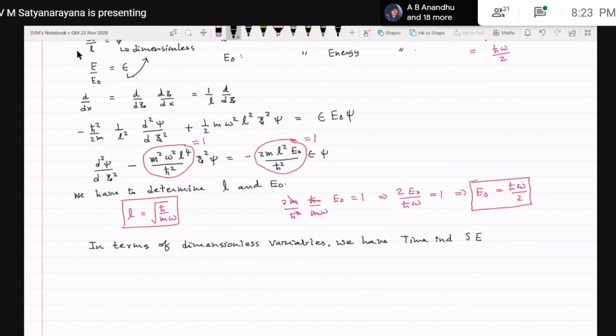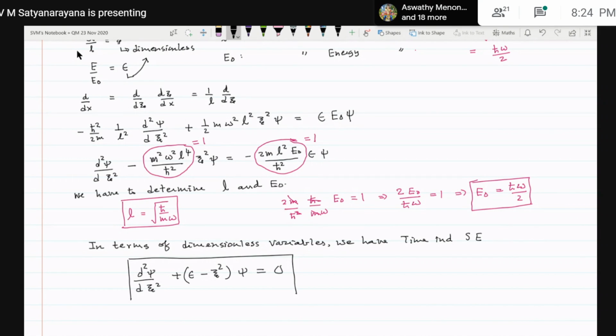I can take this epsilon into psi to the left hand side and write this as d square psi by d xi square plus epsilon minus xi square, into psi, is equal to 0. So this is the equation that we have to solve. So in terms of dimensionless variables, we have this equation.